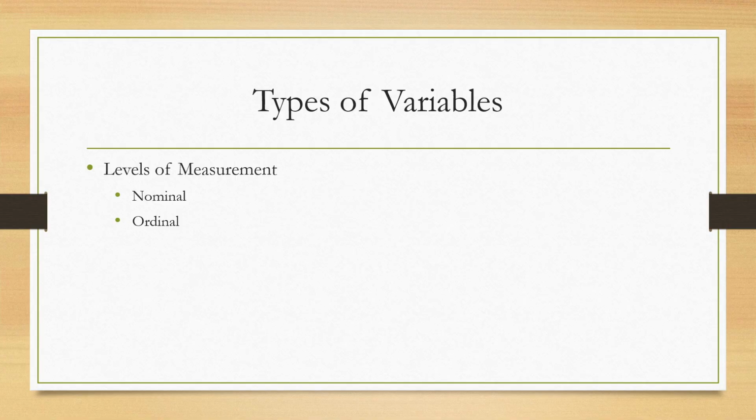Now, this is different than nominal because if I write private first class, it's clear that a private first class goes after a private. So there is in some way an order, which is why this is called an ordinal variable. It's categories, but it has an order. The reason that this is limited is because, again, the difference between any two things is not necessarily the same.